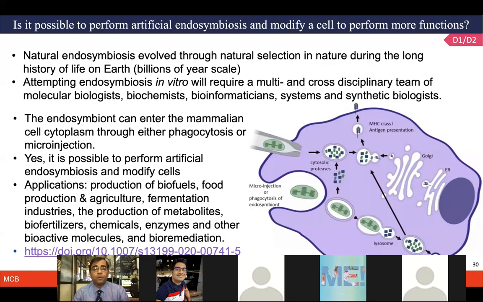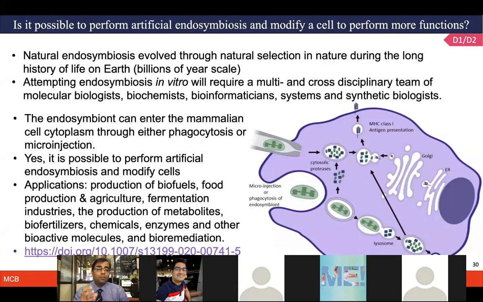Endosymbiosis, which is a one-of-a-kind event for mitochondria and chloroplast, happened on a very large time scale of billions of years. Whereas if you want to attempt endosymbiosis in vitro in the lab, you have to think about many factors, which will require mimicking Earth's environmental conditions, the temperature, and understanding a lot of other factors which might be influencing that.